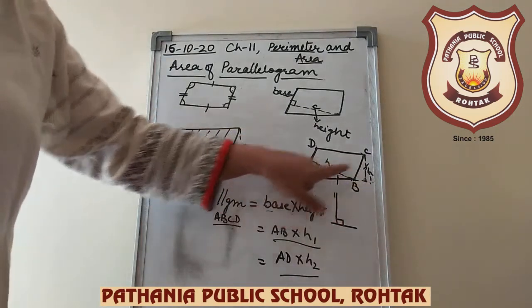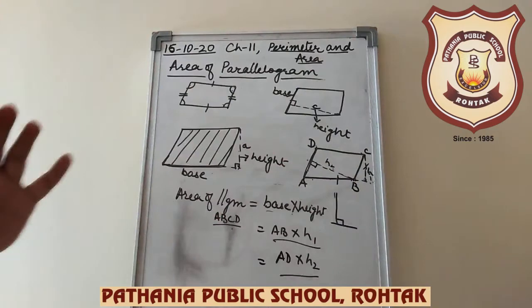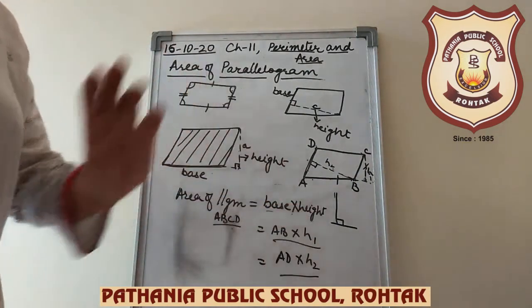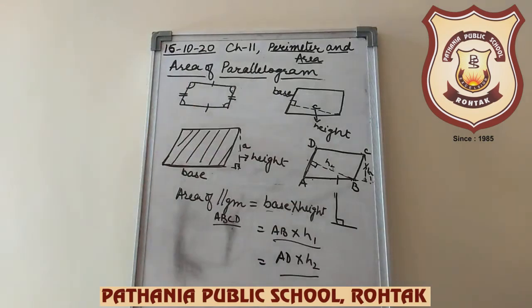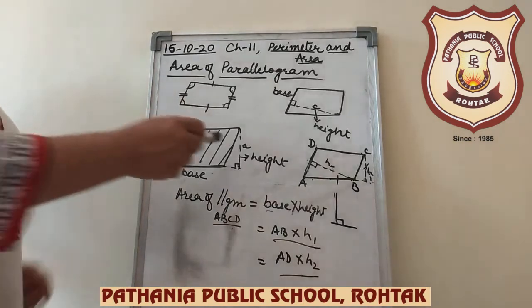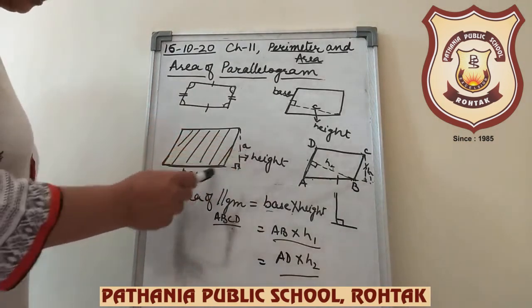So the area of a parallelogram is base multiplied by the height, and there are two different heights in the parallelogram. So you have to see which pair is complete.